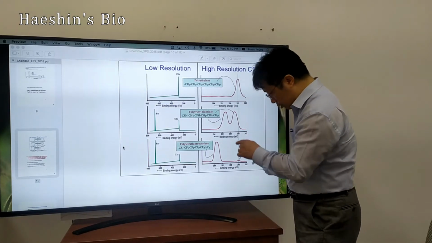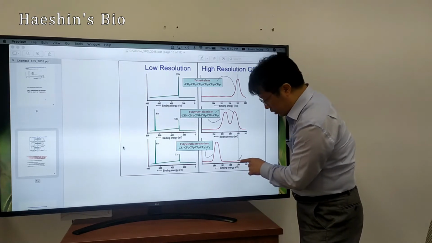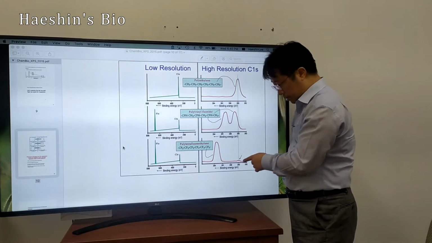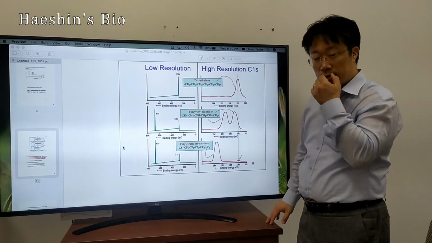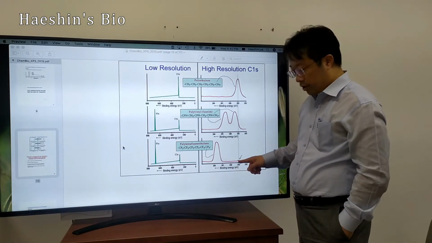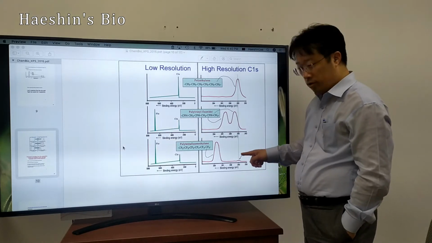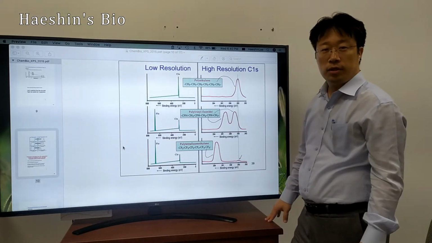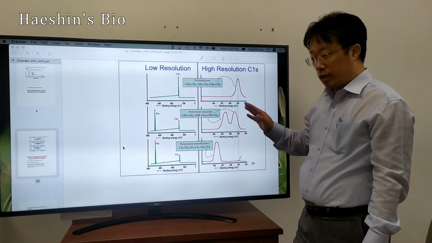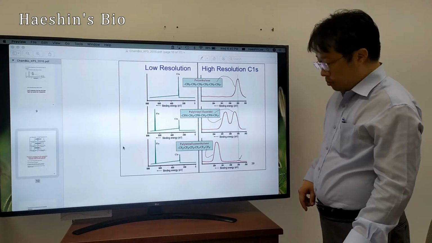So the actual spectrum, no matter how you clean it, is contaminated by carbon from the dust or ambient conditions. This is unavoidable. This case is actually very good cleaning. I should say, generally speaking, you have a relatively higher peak from the hydrocarbon contamination.